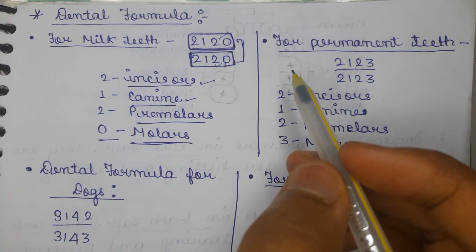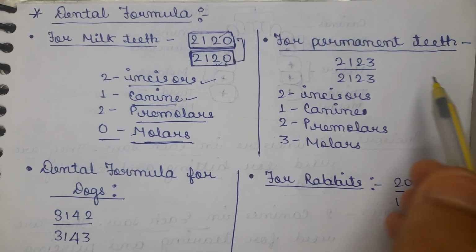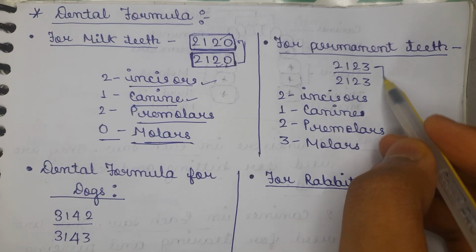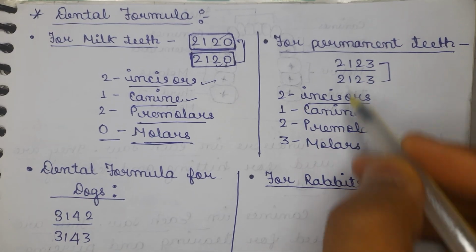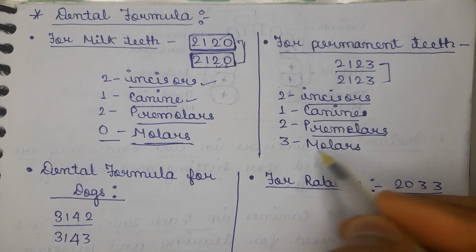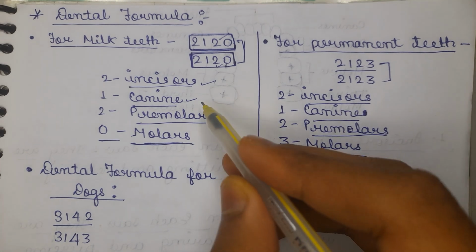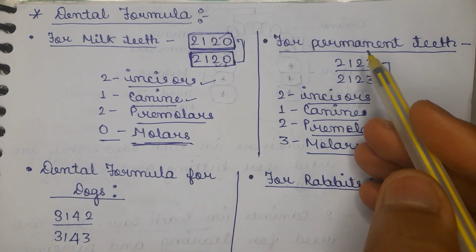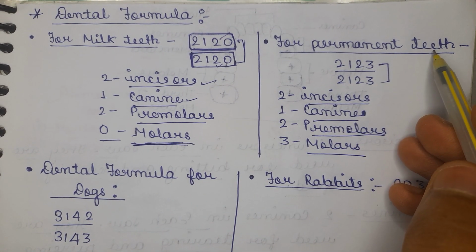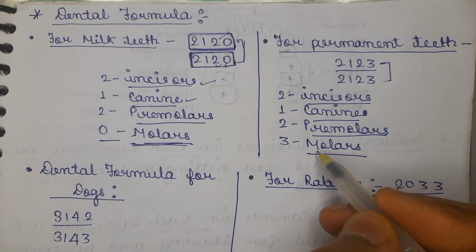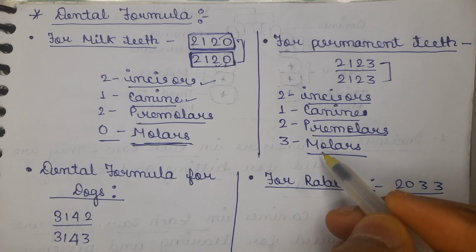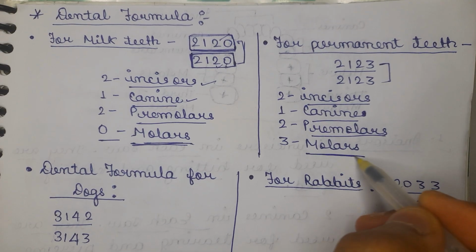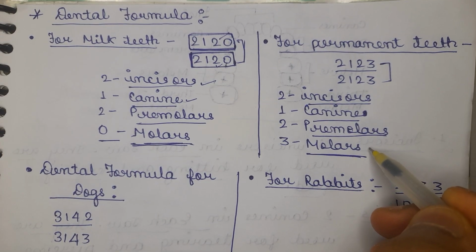Now talking about the second, that is the permanent teeth. There is the 2123 format, that means 2 incisors, 1 canine, 2 premolars, and then 3 molars. In milk teeth the molars were absent, but the permanent teeth that grow after the milk teeth fall off have 3 molars in the upper jaw and 3 molars in the lower jaw.